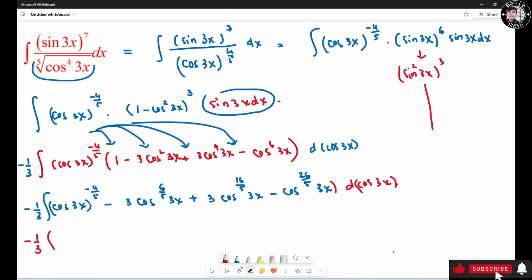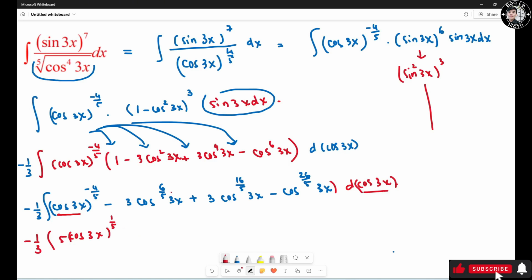Now I need to take the antiderivative of this one. The new variable in this situation is going to be cosine 3s, right? Because this is d cosine 3s. So I have cosine 3s to the negative 4 fifths plus 1 over negative 4 fifths plus 1, so it turns out to be 5 cosine 3s altogether to the 1/5, right?